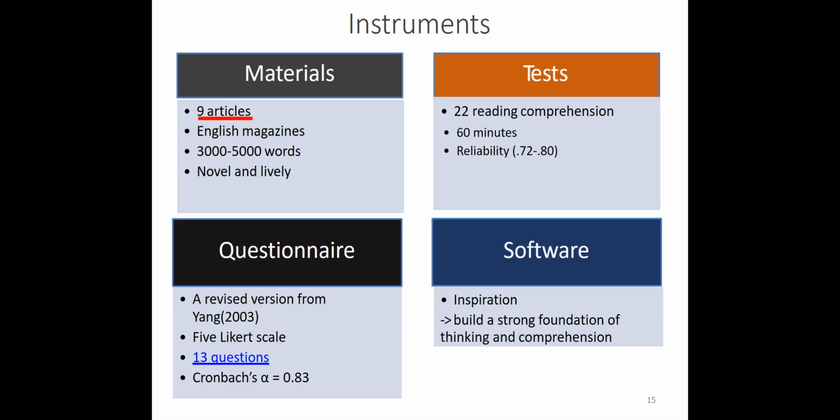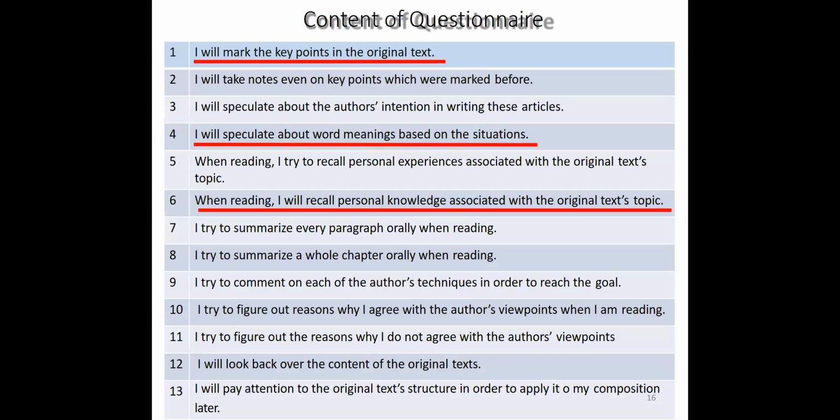This software helps build strong foundations of thinking and comprehension. Here are the 36 questions in the questionnaire, according to Young's questionnaire, numbered 1 to 36. These questions cover 6 reading strategy applications: listing, inferring, elaborating, summarizing, evaluating, and reviewing.